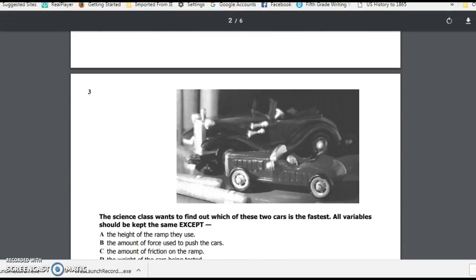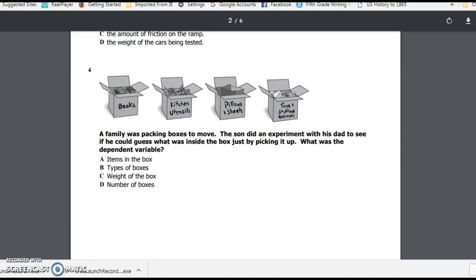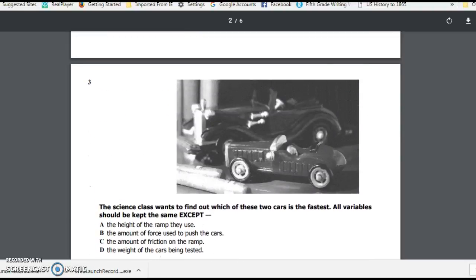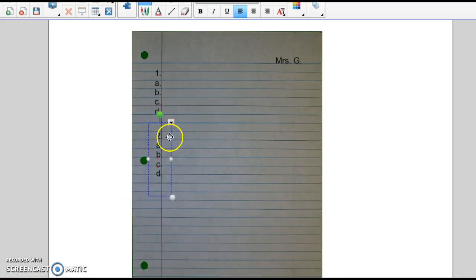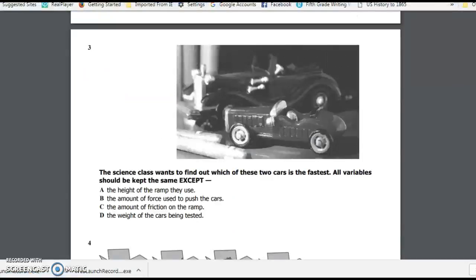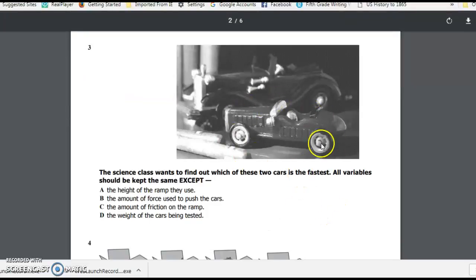Take a look at number 3. So again, on your loose leaf, you should have marked your answer for number 2. And we're going to write down number 3, A, B, C, D. Okay, take a look at the photograph here. Here's our question.